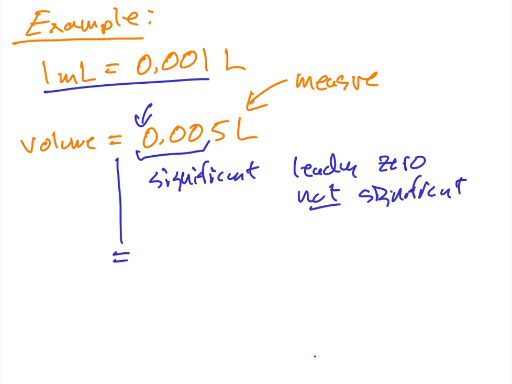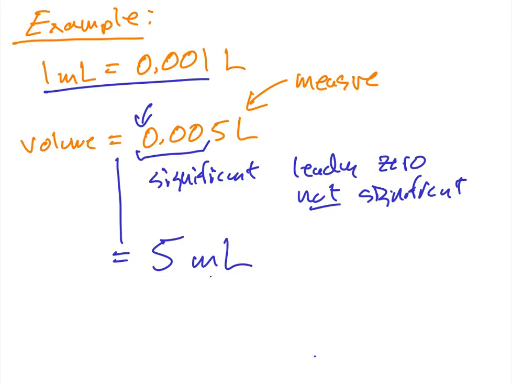So if we know that every 0.001 liter gives us a milliliter, and we have 0.005, we basically have 5 of these, that means we are going to have 5 milliliters. All right. And if you're having a hard time with those unit conversions, we're going to spend all of next lecture going into more detail on that. So basically, we're just having to multiply both sides here by 5 to carry out this conversion. So we're going to be at 5 milliliters.